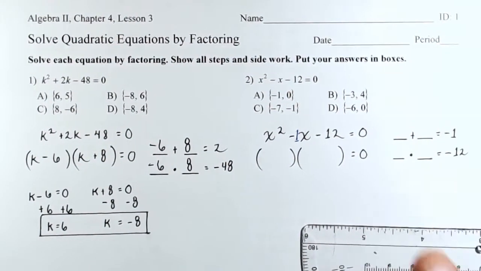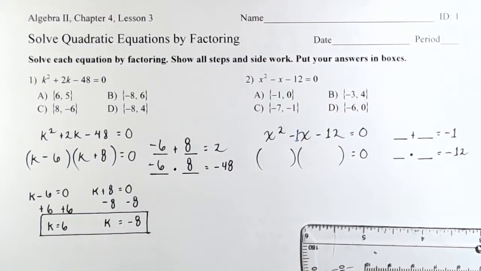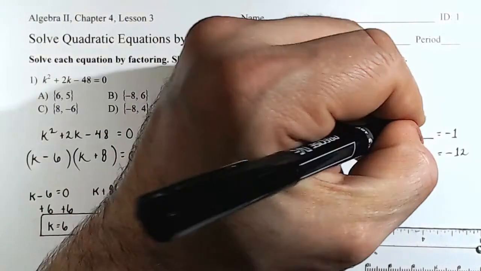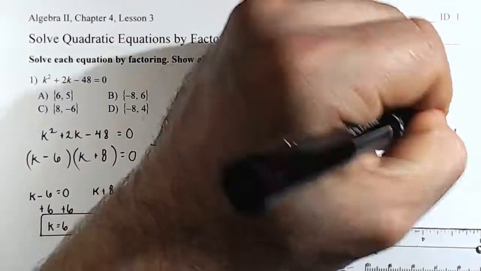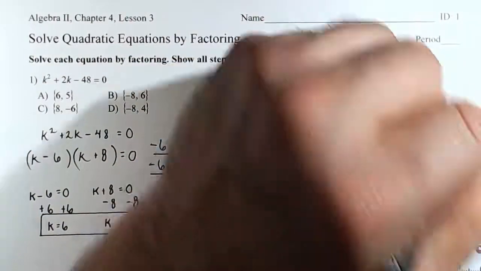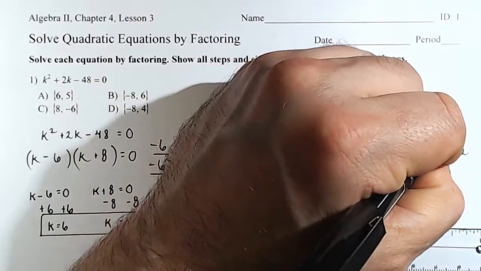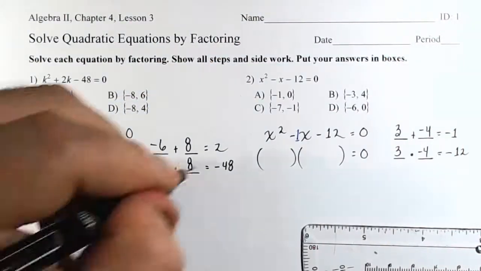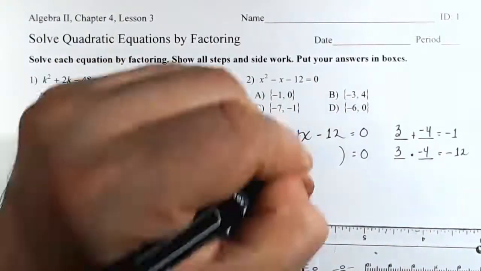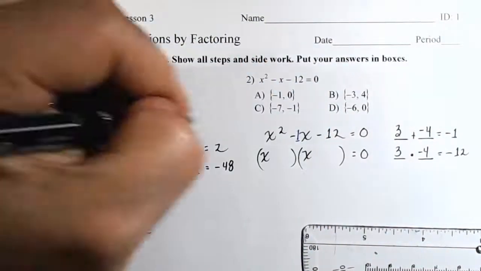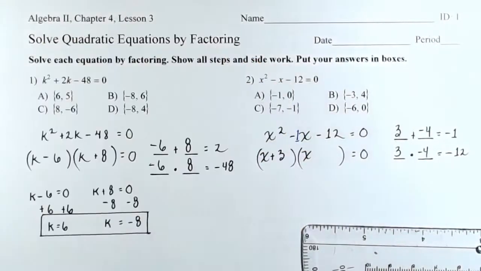So what can we think of here? I'm thinking of 3 and 4. If I do positive 3 and negative 4 and add them together, I get negative 1. If I multiply 3 times negative 4, I get negative 12. So I have x and x right here: x plus 3 and x minus 4.